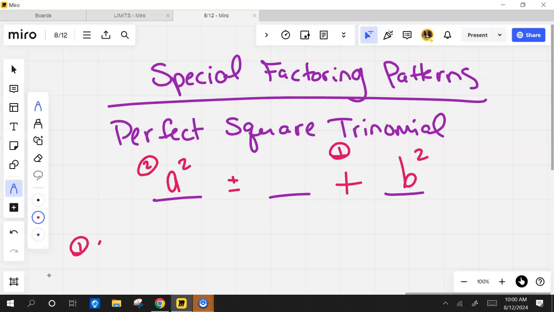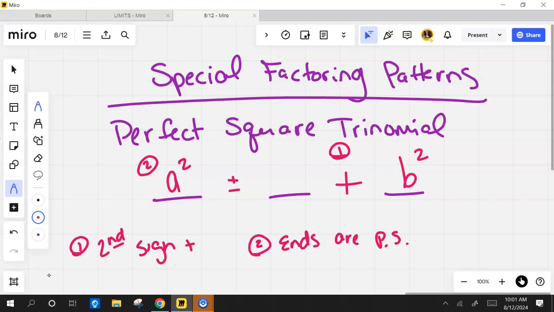So one, second sign is positive. Two, ends are perfect squares. And here's where it gets confusing. Have y'all seen perfect square trinomials before? Has anybody ever tried this?